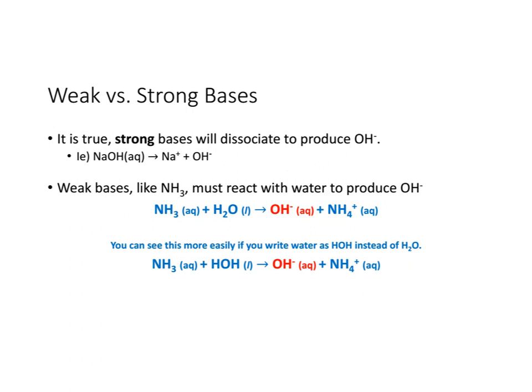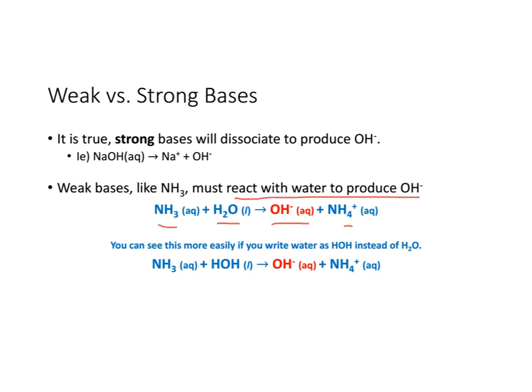So we have to change our definition into a modified Arrhenius definition. In this case, a base is something that reacts with water to produce hydroxide ions. So ammonia here will react with water, H2O, to produce hydroxide. And in order to properly balance this chemical equation, we have to take one of the H that was lost from water and add it to ammonia to make ammonium.